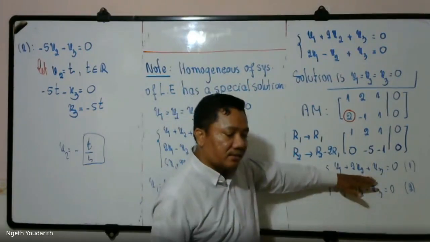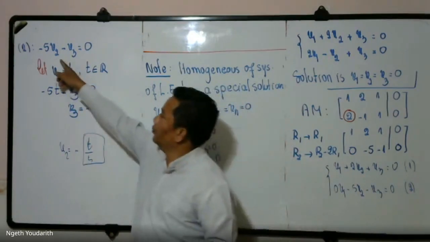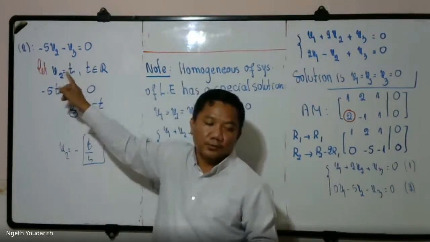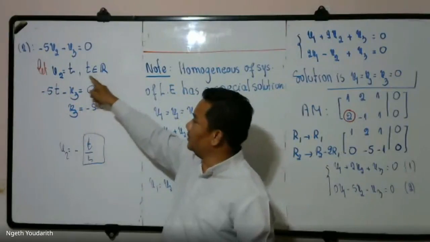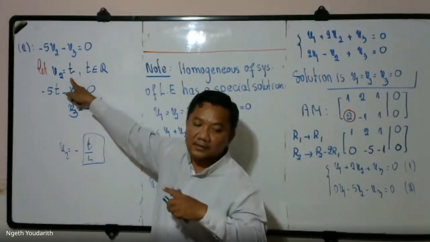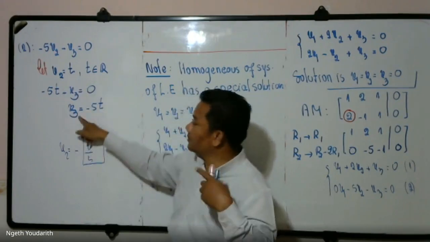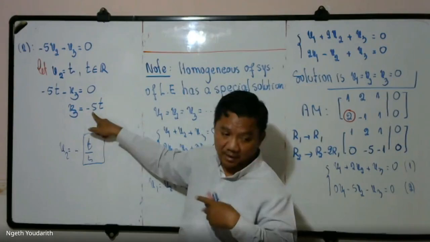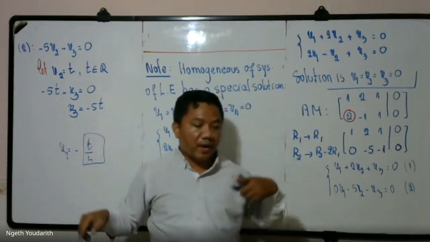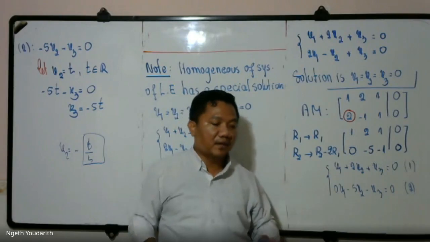But if you let x2 be t, you get x3 as an integer constant. So integer number plus integer number gives an integer number.